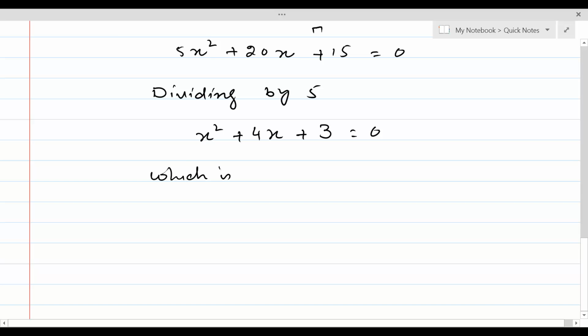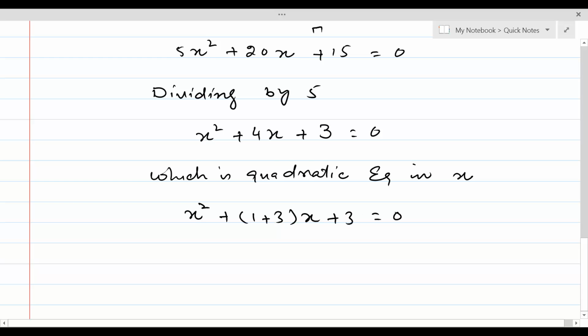which is a quadratic equation in x, and we'll solve it by factorization. X square plus 1 plus 3 times x plus 3 equal to 0.